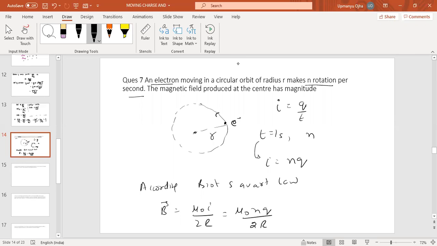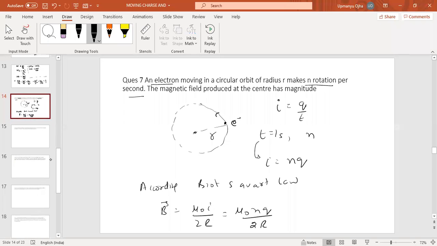So that is the magnetic field produced due to the movement of the electron in a circular path of radius r: mu naught nq by 2r. I hope you understand this problem. Fine. Now next, any doubt is there, you can ask me.